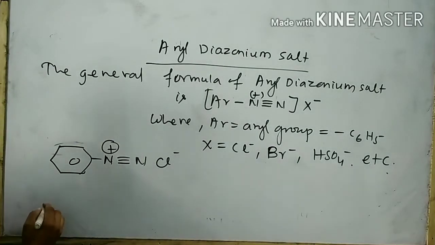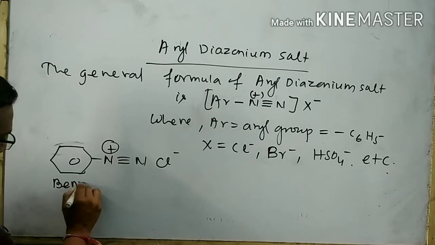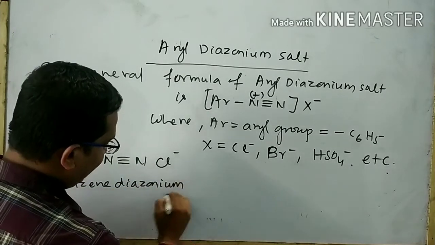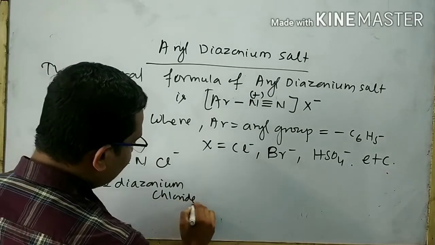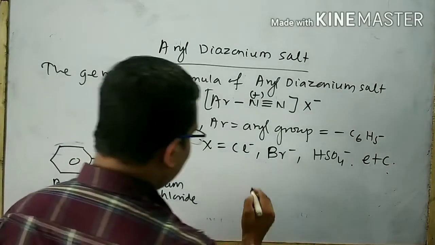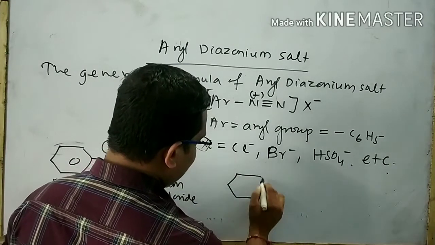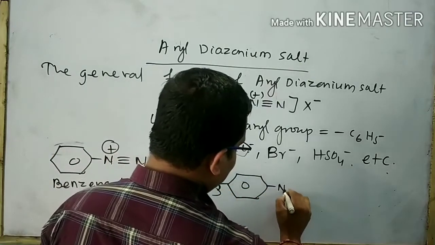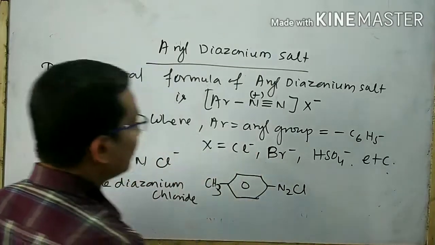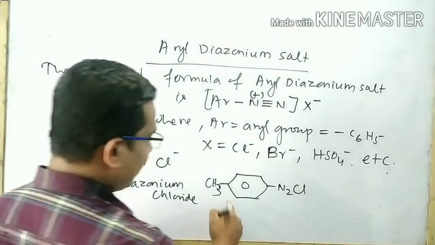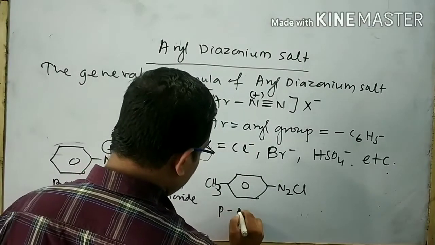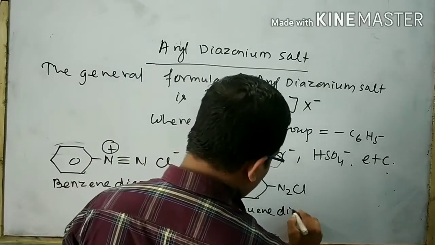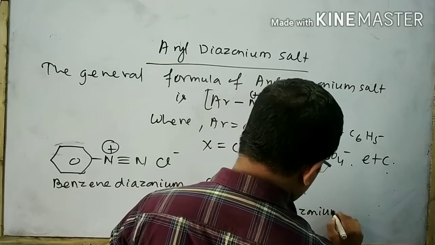The name of this salt is benzene diazonium chloride. Similarly, take another example. This is an example of aryl diazonium salt. The name of this compound is para-toluene diazonium chloride.